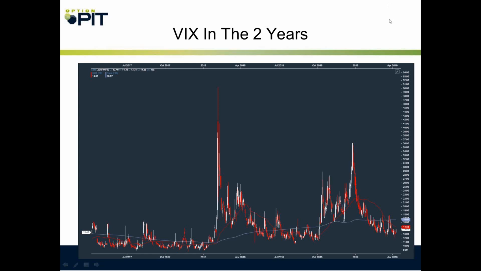So here's the last 2 years of VIX, and what do you notice? I mean, you really get a full shelf of everything it's ever done. You get just really low volatility for the second half of, all of 2017 leading into 2018. 2018 remains low, and then boom.